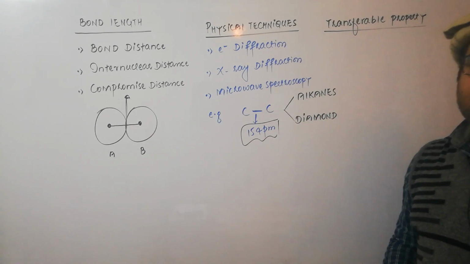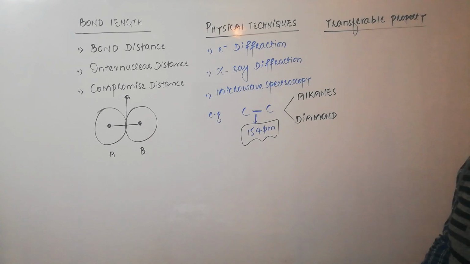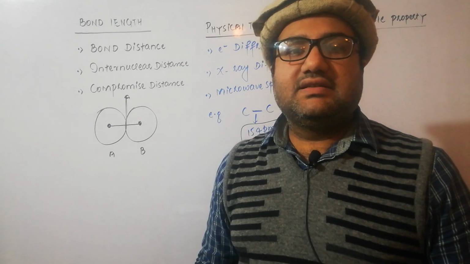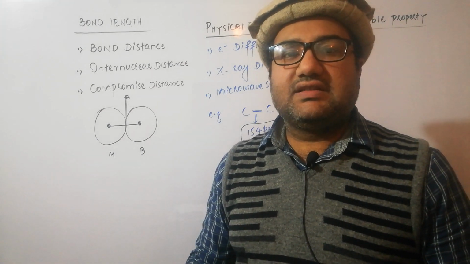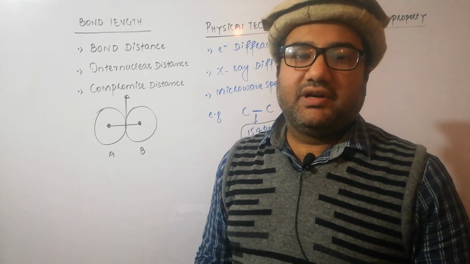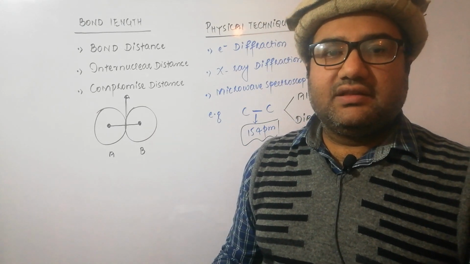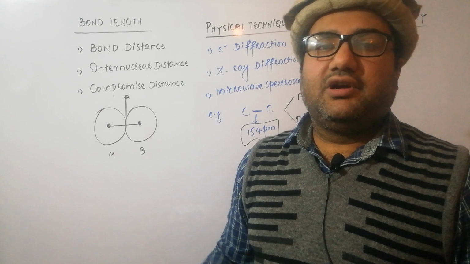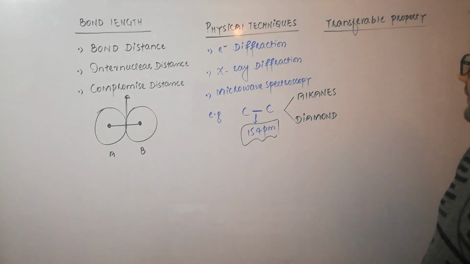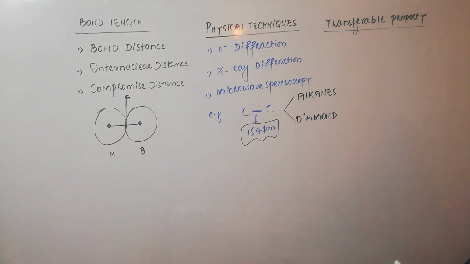So this is a transferable property. Alkanes are organic in nature while diamond is inorganic in nature. But in both cases the carbon-carbon single bond length is 154 picometer. So this same bond length shows that it does not depend upon the nature of the molecule. It remains the same. It is a transferable quantity.